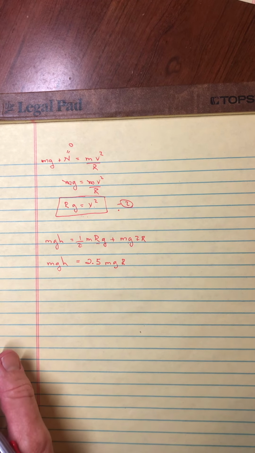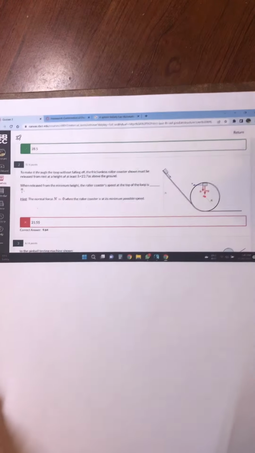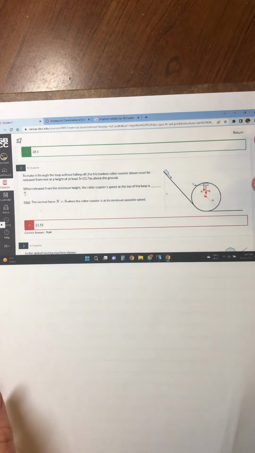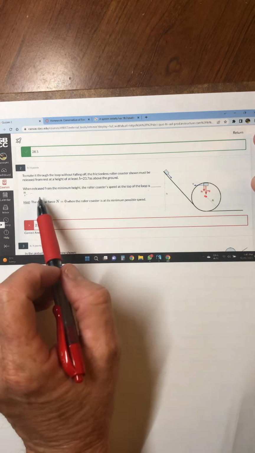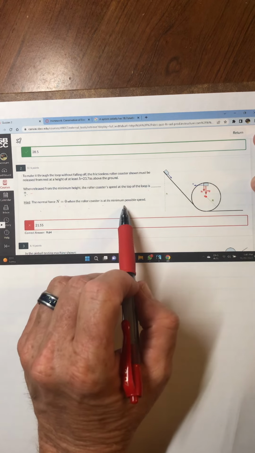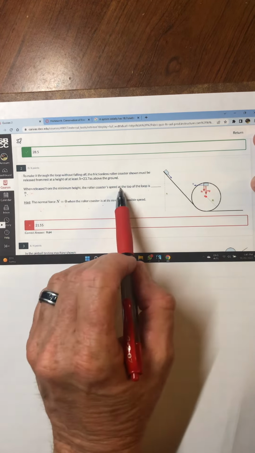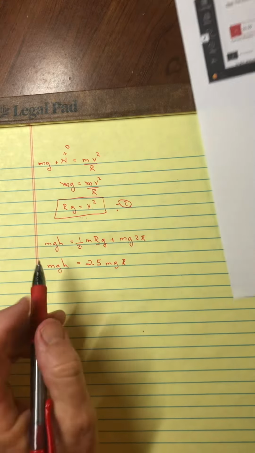All right. I got a little sidetracked here because I might not have gone in the correct direction, because I believe they're asking for its speed. When it is released from the site, the roller coaster speed at the top. Oh, so we want to find v. Okay.